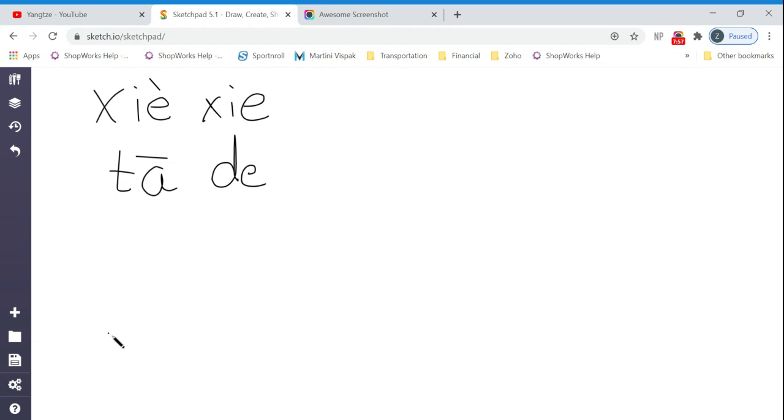I'll give you another example. 好吧 means okay, that's fine. 好 means okay, but the reason why it's neutral is that this one doesn't really have any special meaning.